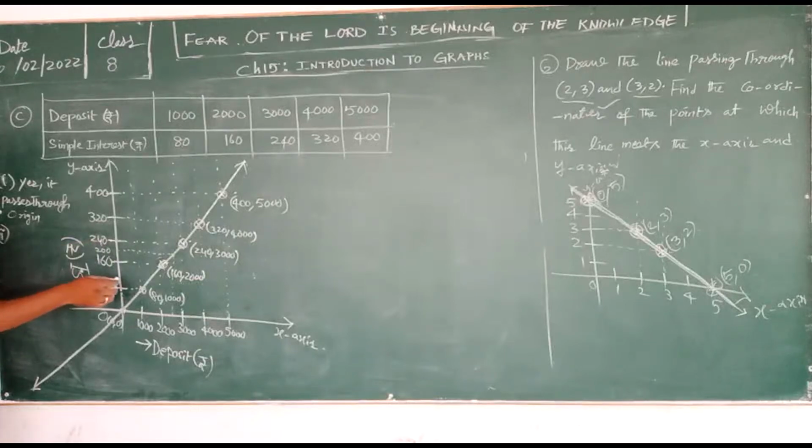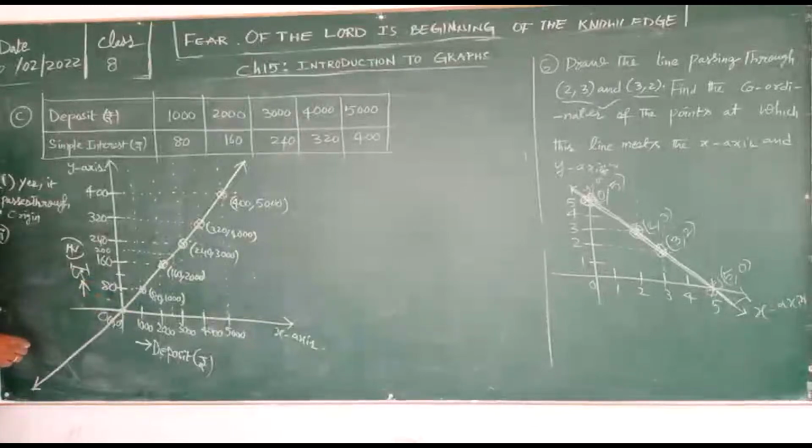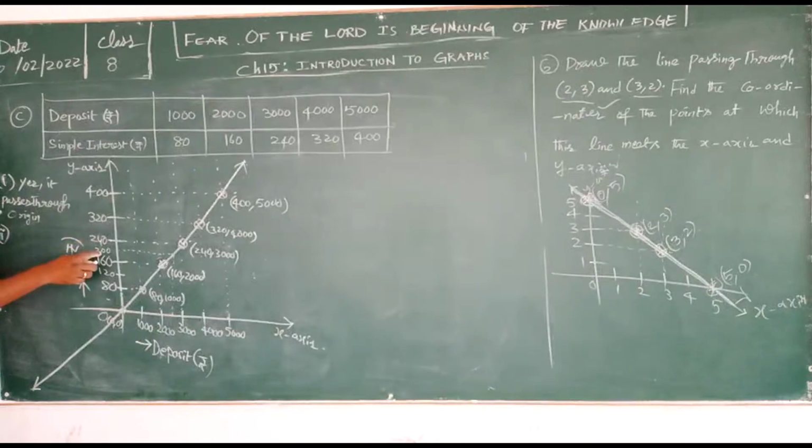If you want, I'll write each and every middle one. So between 80 and 160, what is the middle number? You check properly and tell me. 120 is going to come here. Between 160 and 240, 200 is the middle number. If you don't know, what do you need to do?